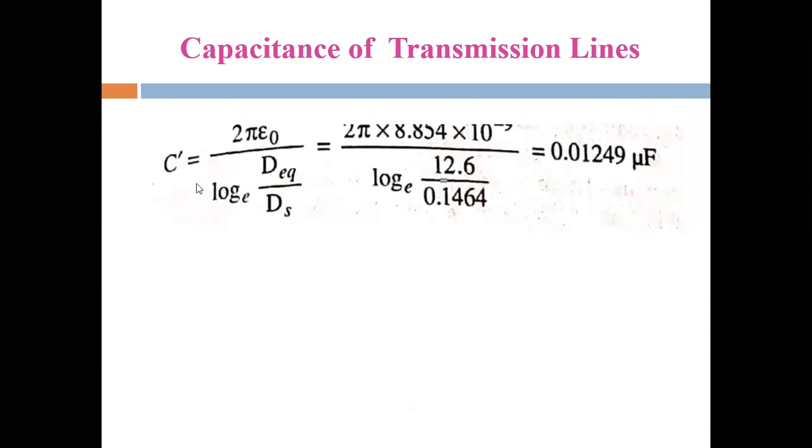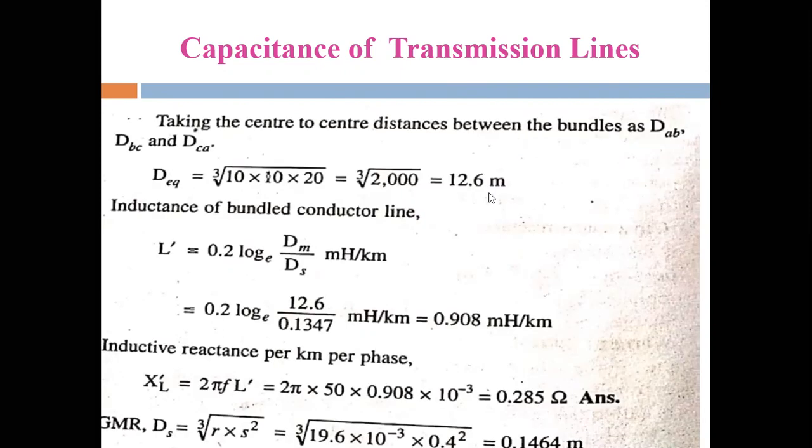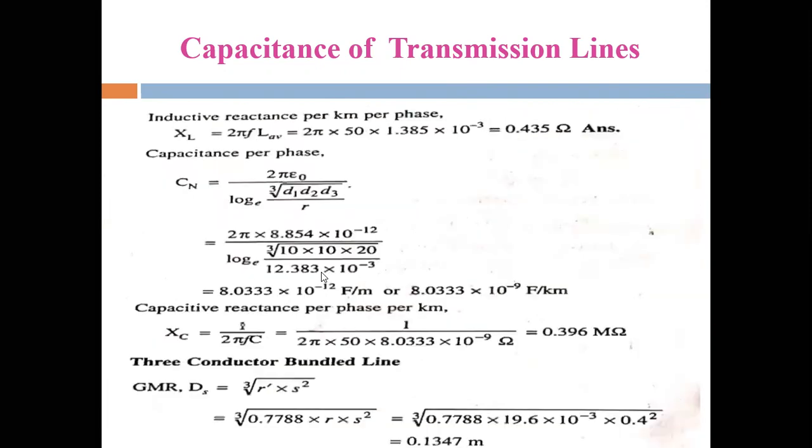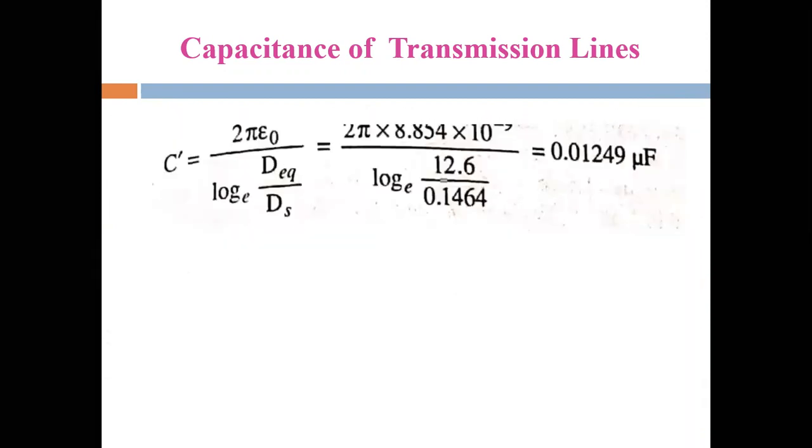Then we calculate the capacitance C. C is equal to 2 pi into 8.854 into 10 power minus 12, which is the epsilon naught value.